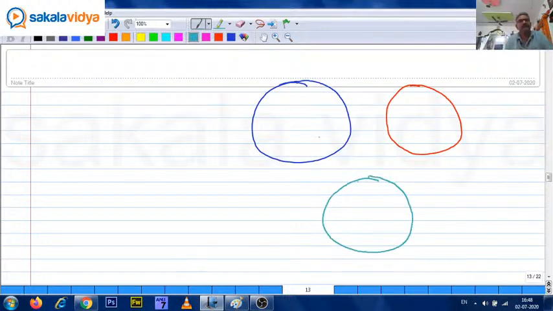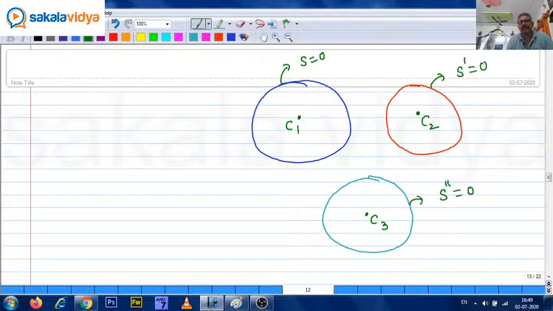For example, center of this circle is C1, center of this circle is C2, center of this circle is C3. Say the equation of this one is s is equal to 0. The equation of this circle is s dash is equal to 0. Equation of this circle is s double dash is equal to 0. The three equations of the circles are given.